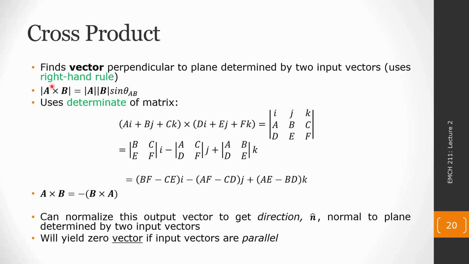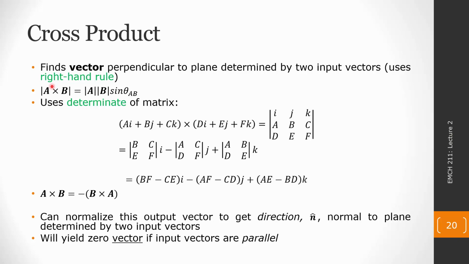We won't use it too much in this class, but it is a good idea to keep in the back of your mind that when we do A cross B and we get this vector out, what we can do with that vector is normalize it, so divide that vector by its magnitude, and we're going to get a vector typically called n or n hat.